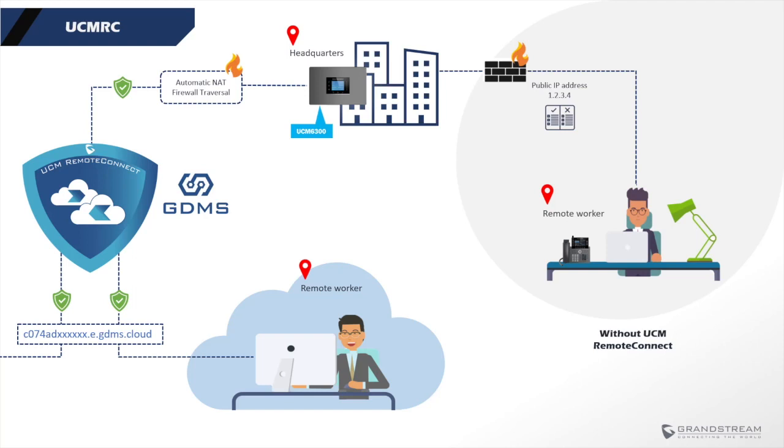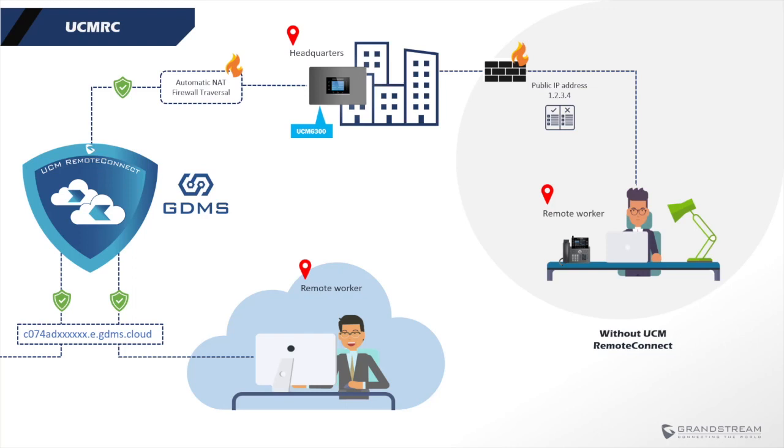This approach usually requires knowing the ports and the IP addresses that need to be allowed on the firewall, which can lead to opening a door for unauthorized and malicious traffic to penetrate your network, especially when there are mobile devices that need to connect to the UCM, and it is almost impossible to predict which IP addresses the mobile devices will connect from. So you usually end up opening certain ports to all IP addresses, and this can pose a security risk.